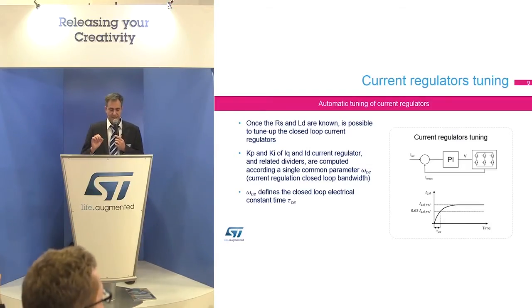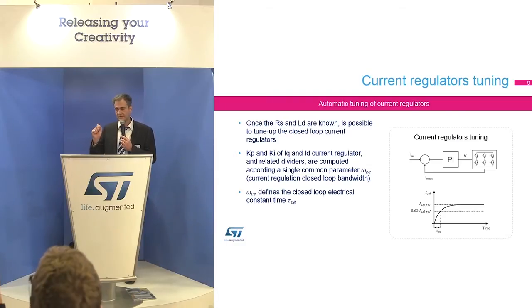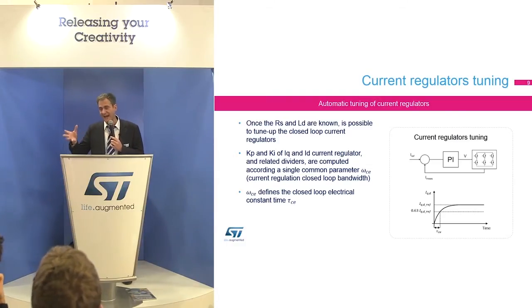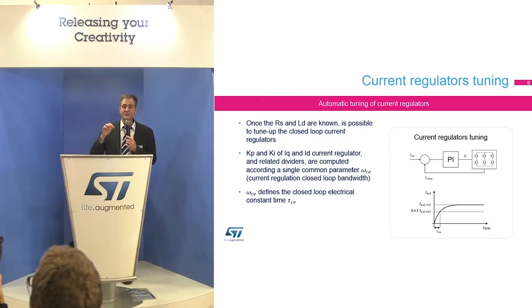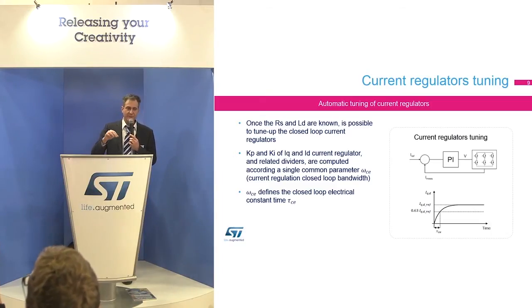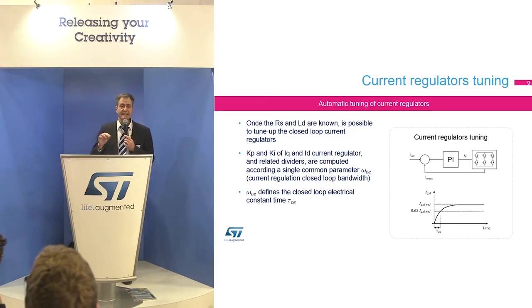So the user only needs to define the closed loop bandwidth of the current regulation, and the algorithm computes the proportional and integral coefficients.